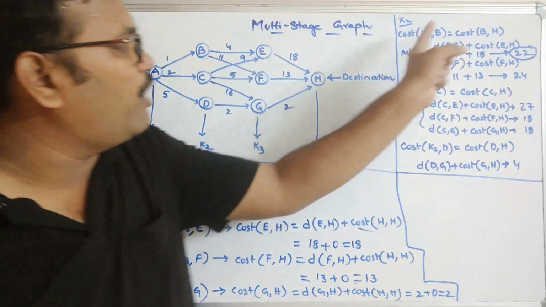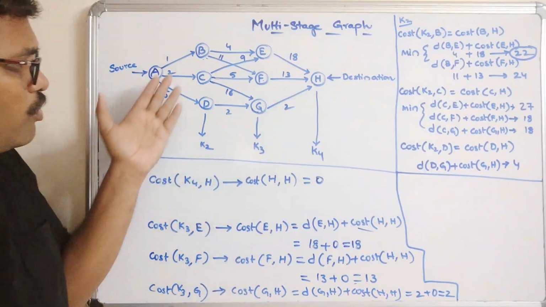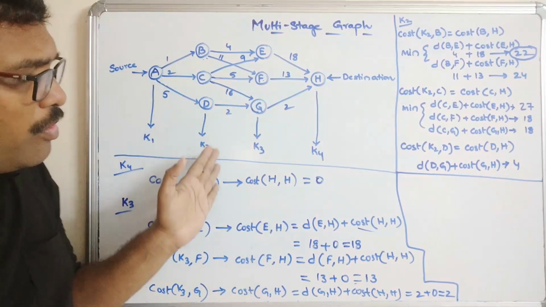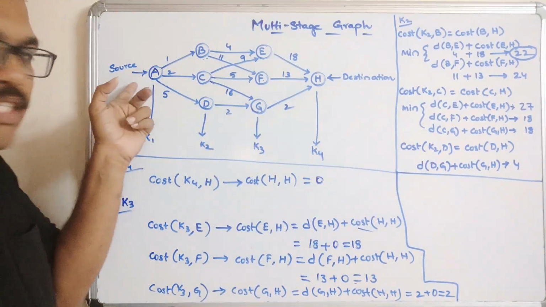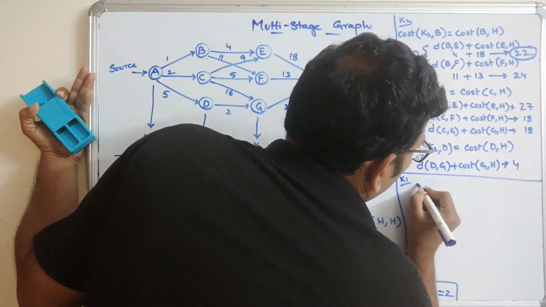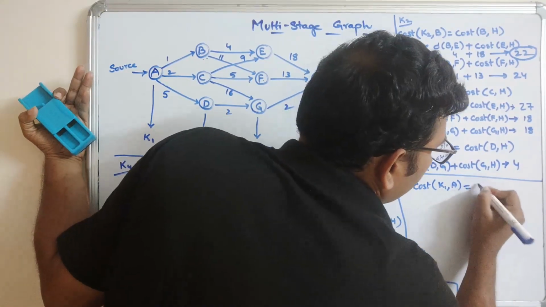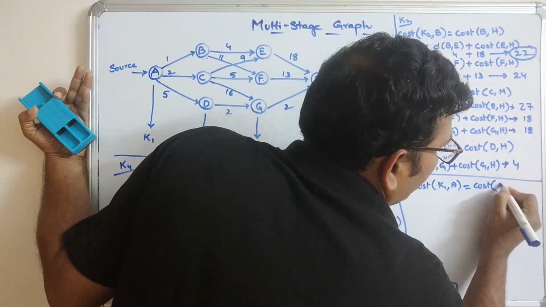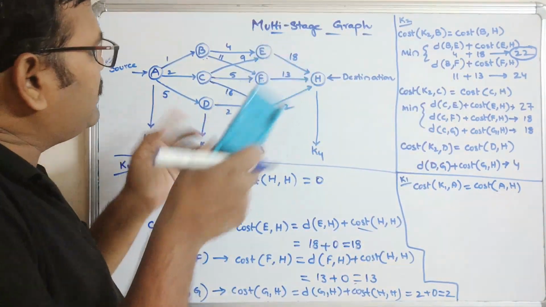Is there any vertex left in stage 2? B, C, D. We have calculated B, C, D, all possibilities. So there is no vertex left in stage 2. Now go to stage 1, which is the source. Then K1, the cost of K1 comma A, which is cost of A to H. How many edges are there? 3 edges.